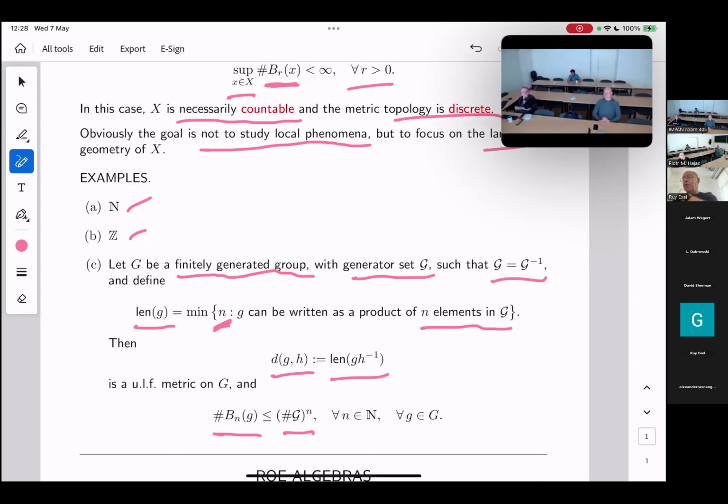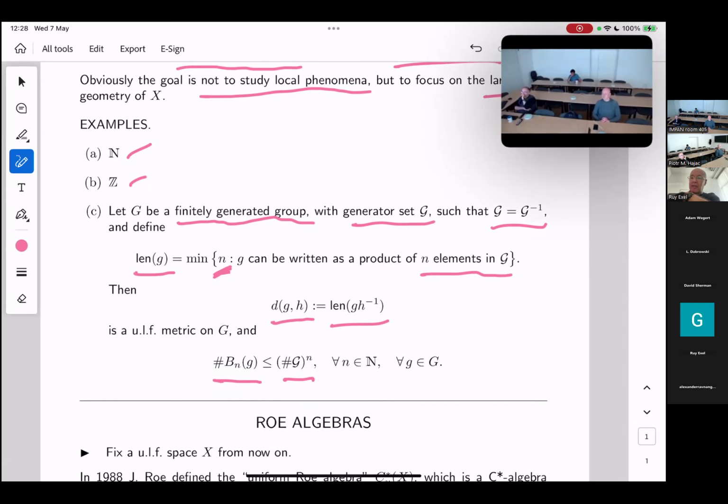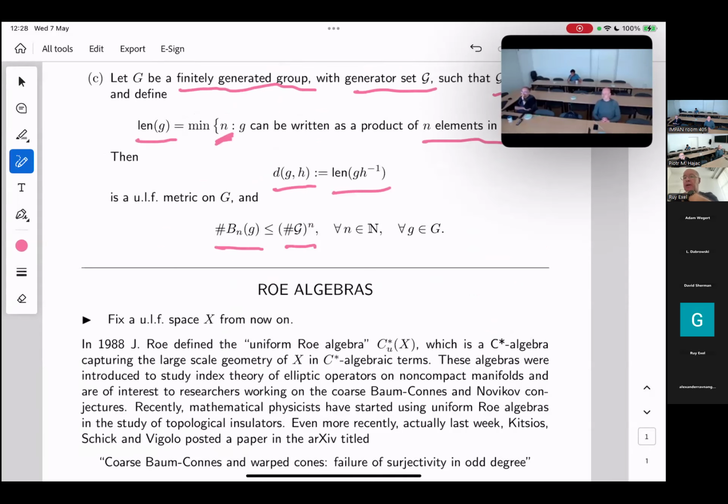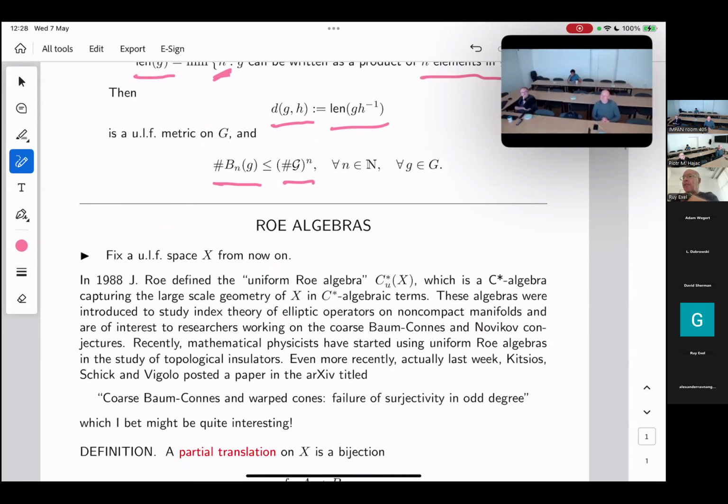Pretty soon we're going to see why I chose that metric in order to speak about partial translations. But okay, so here is the main actor in this whole business, the Roe algebra of a uniformly locally finite space.